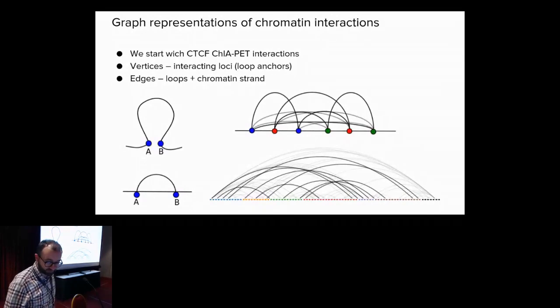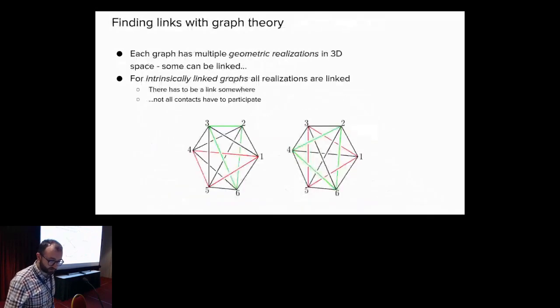So this is not very robust and doesn't tell us much, so we don't want to rely on that. Instead, we want to study the graph structures, which abstract from the particularities of 3D arrangement and just look at the general structure of the loops.